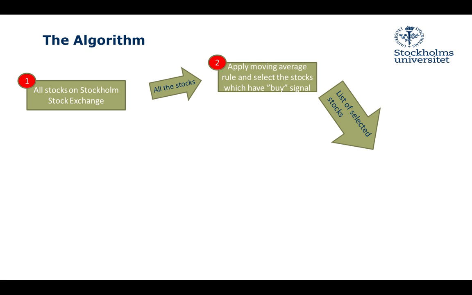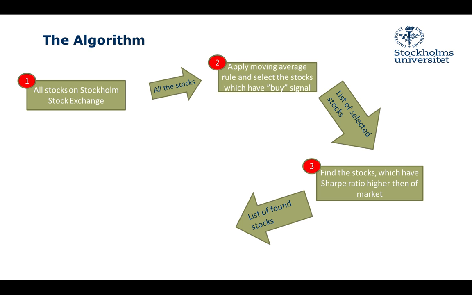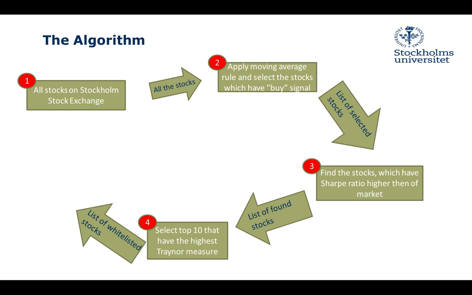Then we would like to take these stocks which have only a buy signal and apply Sharpe ratio filtering and select only those which have a higher Sharpe ratio than the market. Then we will take all that is left, and we will select the top 10 of them which have the highest Treynor measure. This is going to be our portfolio, in fact. We will call them whitelisted stocks here. And at the end we want to show these top 10 and include them in our portfolio.